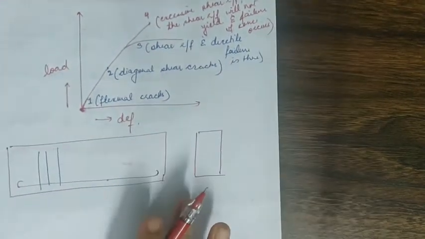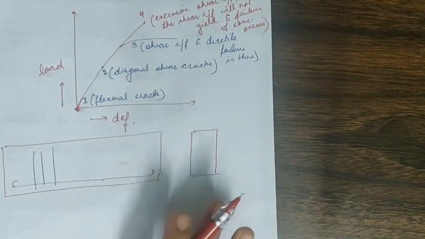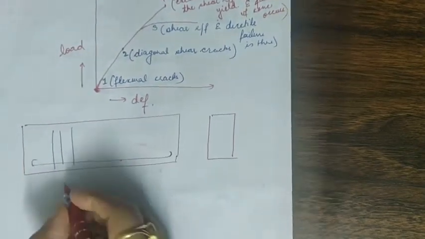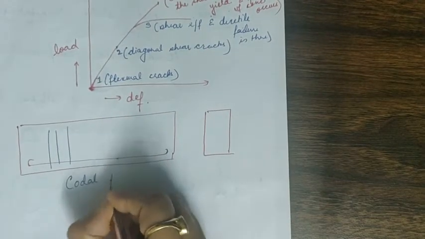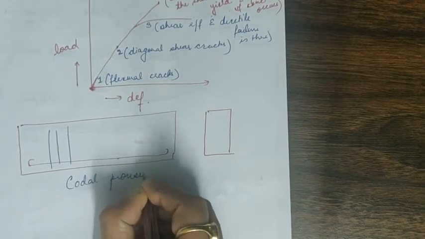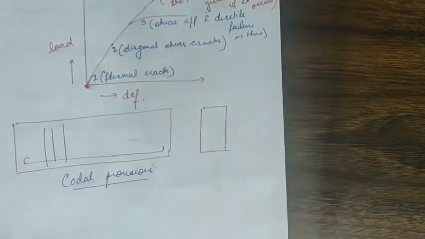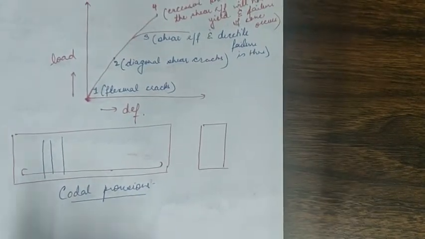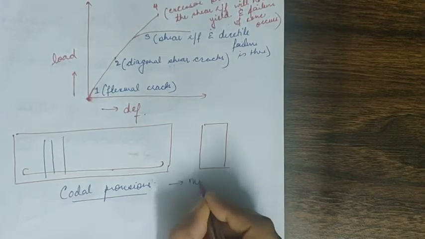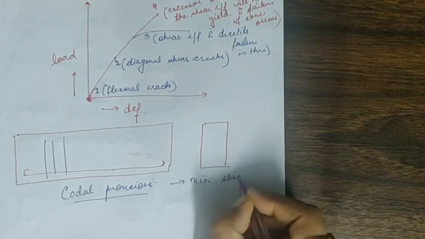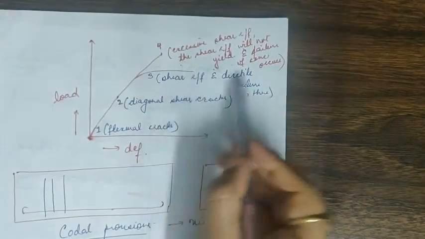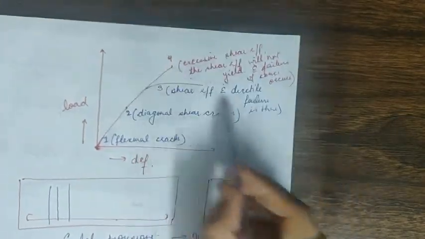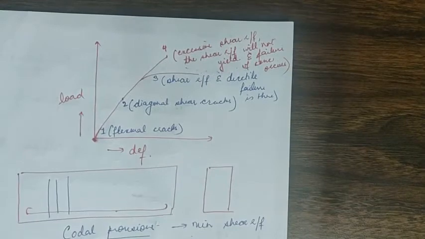Whenever we are designing shear reinforcement, we have to follow certain codal provisions. Codal provisions will help us so that we have some minimum shear reinforcement, and there should be some maximum also, beyond which you will have this kind of failure.